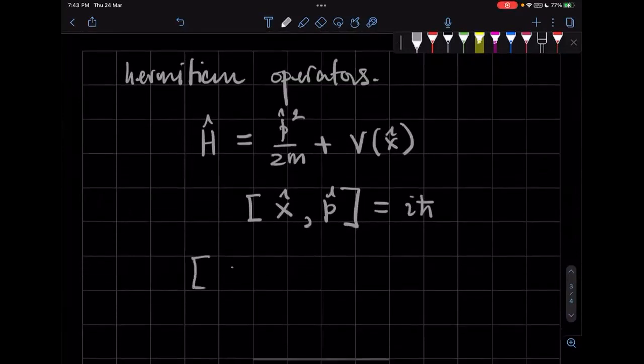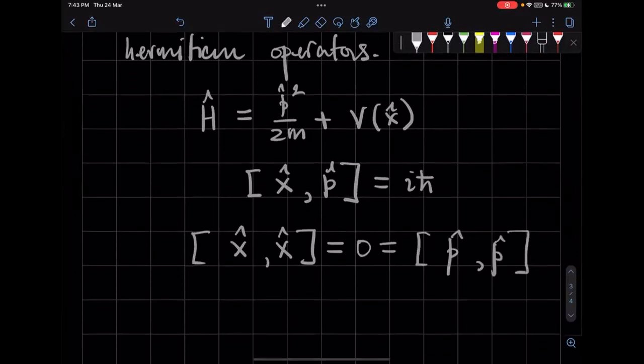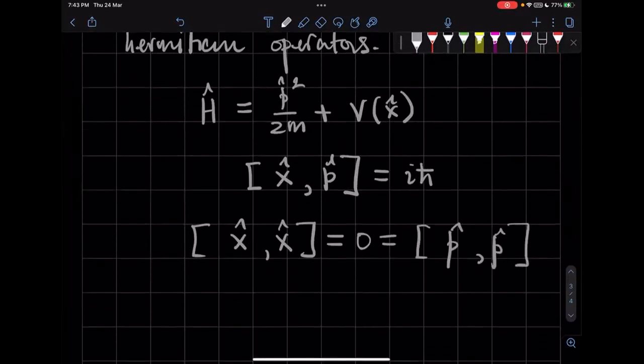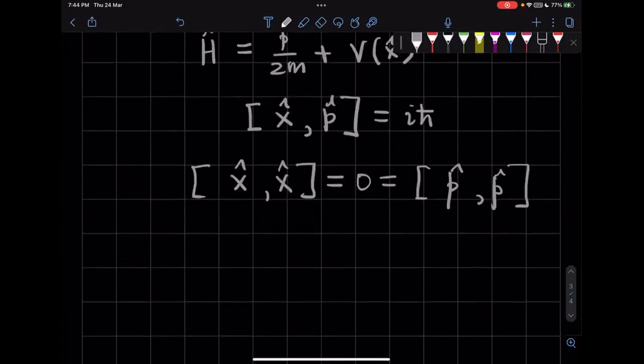And of course, every operator commutes with itself. So we see that if you interpret these operators as matrices, then they form a Lie algebra. So this motivates the definition of the Heisenberg Lie algebra.